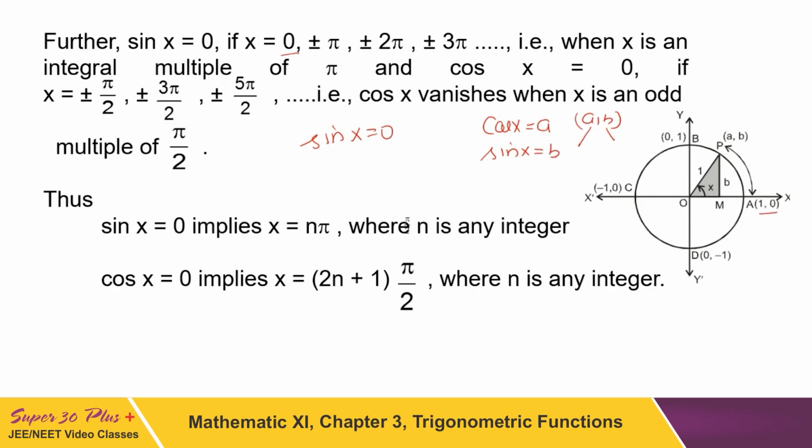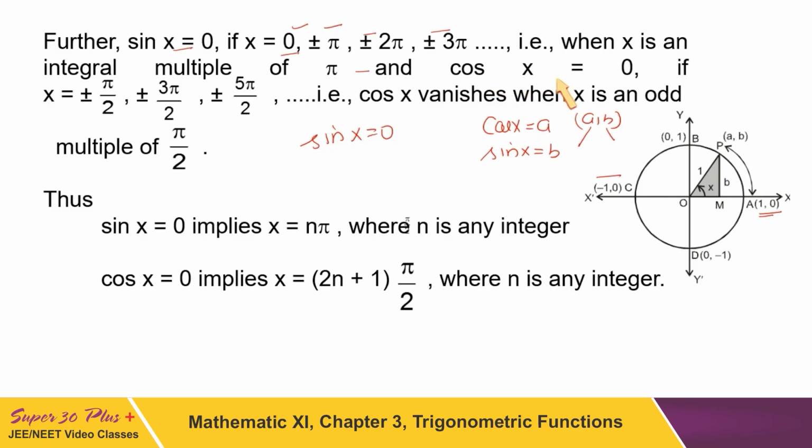One coordinate is A and second is C, where b, or you can say y coordinate, is 0, means the corresponding angle will be 0, pi. Similarly, if we take 2 pi, 3 pi, minus 2 pi, all those angles, the value of sin x is 0. You can say that when x is an integral multiple of pi, then the value of sin x is 0.